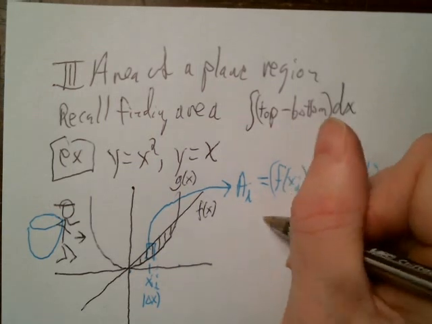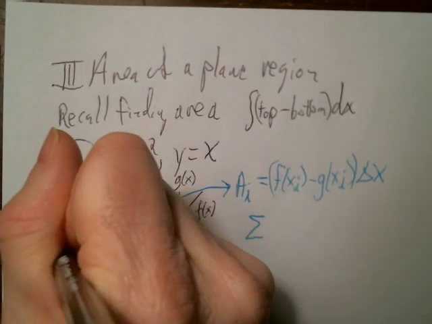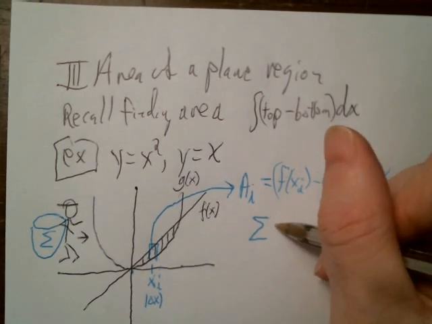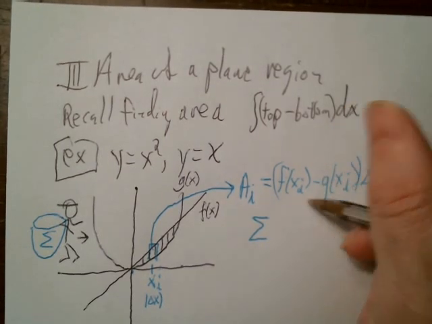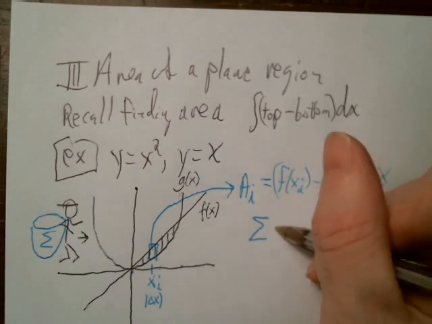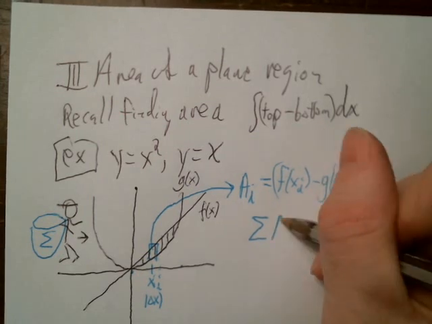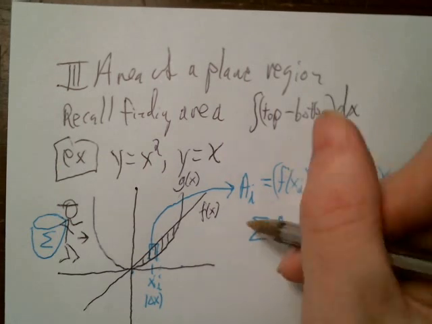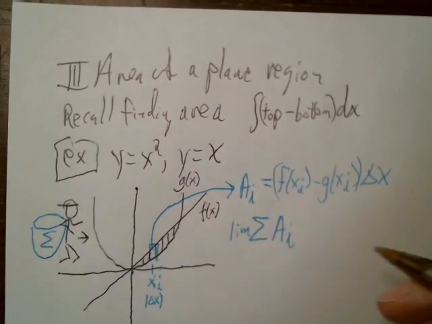Okay, so his bag is basically a sum of areas, and what are the areas? Well, those are just these differences times this change in x. So it's just summing up these areas. And then if you smooth it out with the limit, then you get our integral, right?